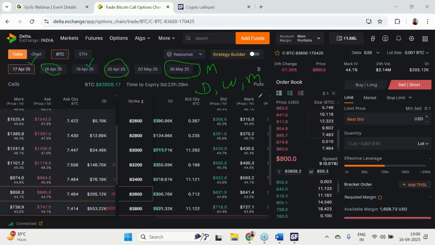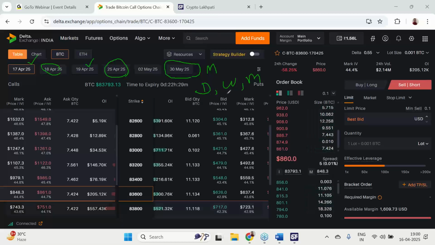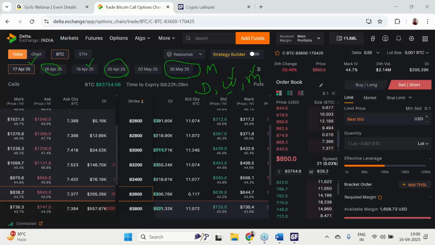Your hedging becomes very comfortable. Sometimes you will miss the chance in the daily options, you will have the chance in weekly options. Sometimes if you miss weekly, you'll have monthly also. That comfort and easiness of doing the trade makes these things more promising.